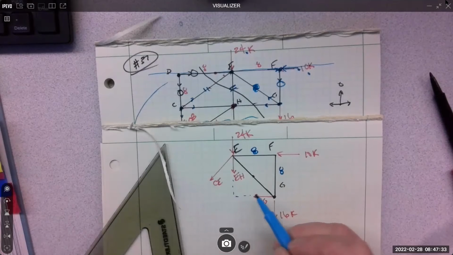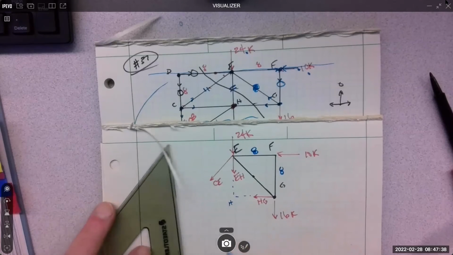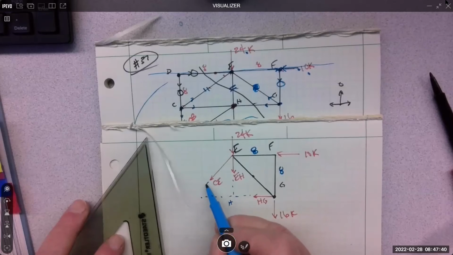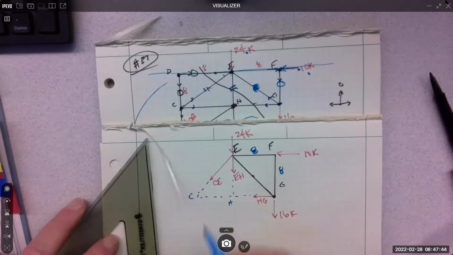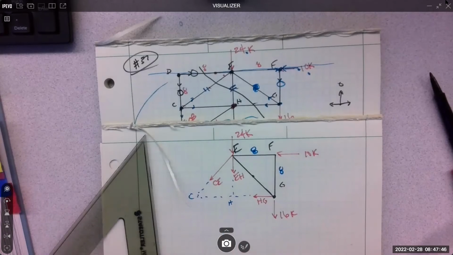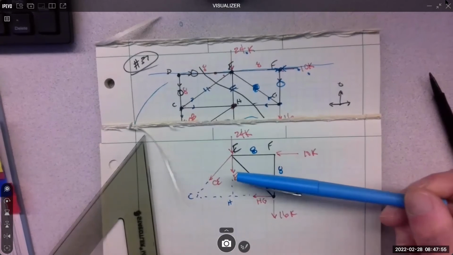We know these come together. Sometimes this helps. That's point H. And I think that's C. So sometimes it helps because you might do a moment at one of those spots to eliminate things. But what we want to know is this one and this one.